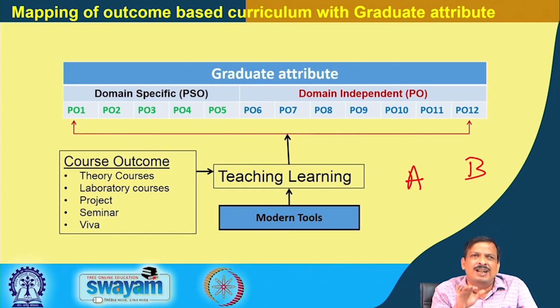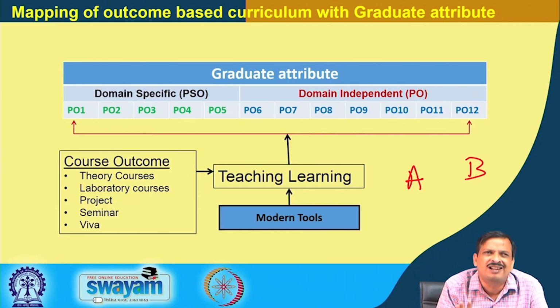Domain independent PO, communication skill. Are you sure that offering a subject of English for communication, maybe 2 semesters long, is sufficient for developing their communication skill?